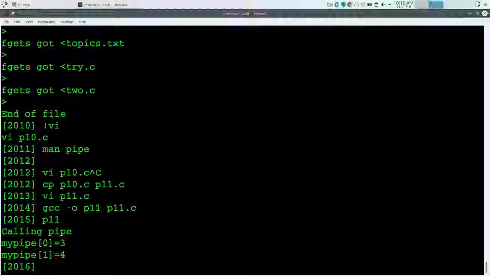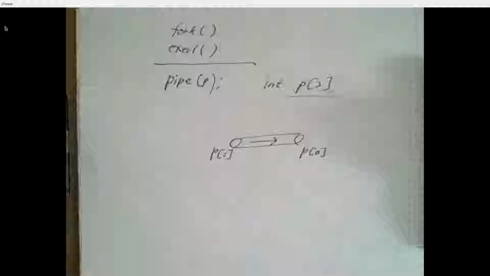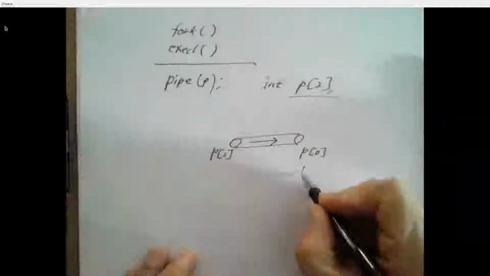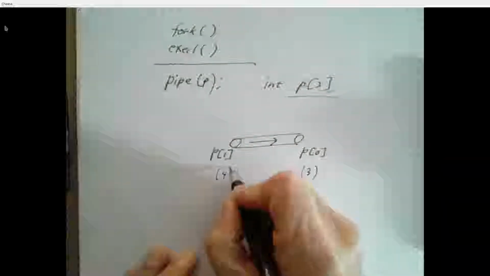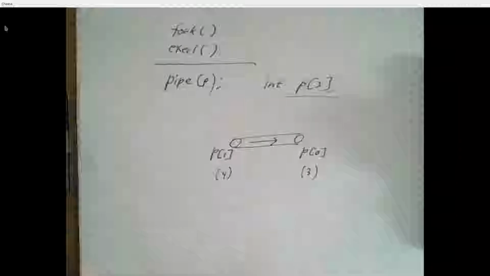So we call the pipe function. It populates those 2 elements and it sets the values equal to 3 and 4. Right? This is not surprising. Because when we played with open the other day, we opened a file using the open call, this low-level chapter 2 function, and the file descriptor that came back was 3.